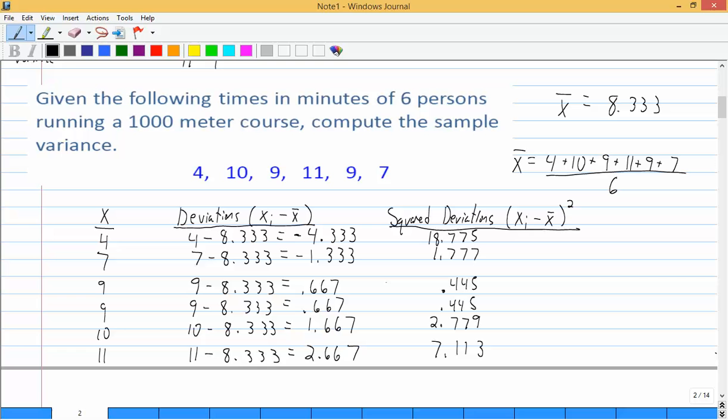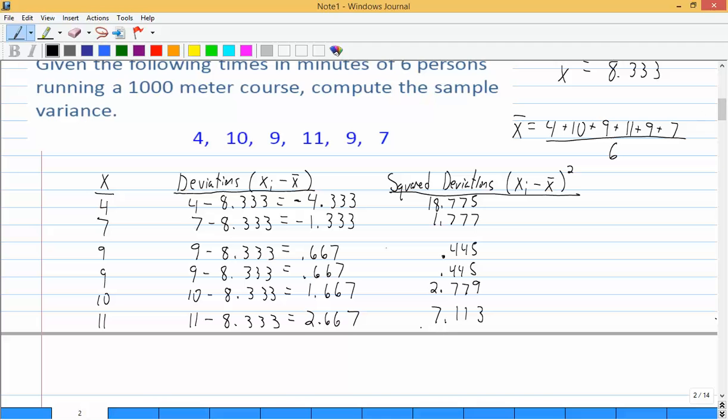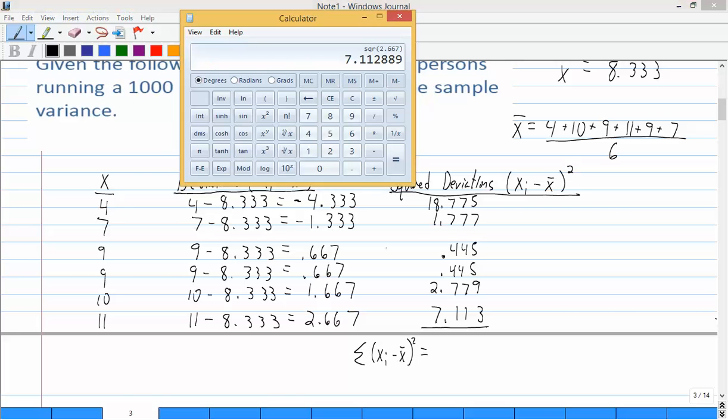Alright, so now, according to my formula, I want to take the sum of all of those. So I sum up the deviation squared. So this will be the sum of x sub i minus x bar squared is equal to, I just need to add these together.